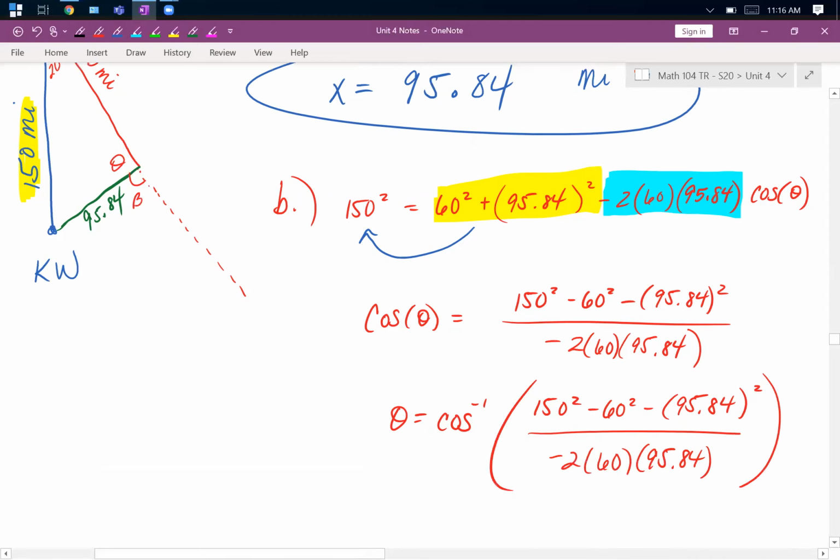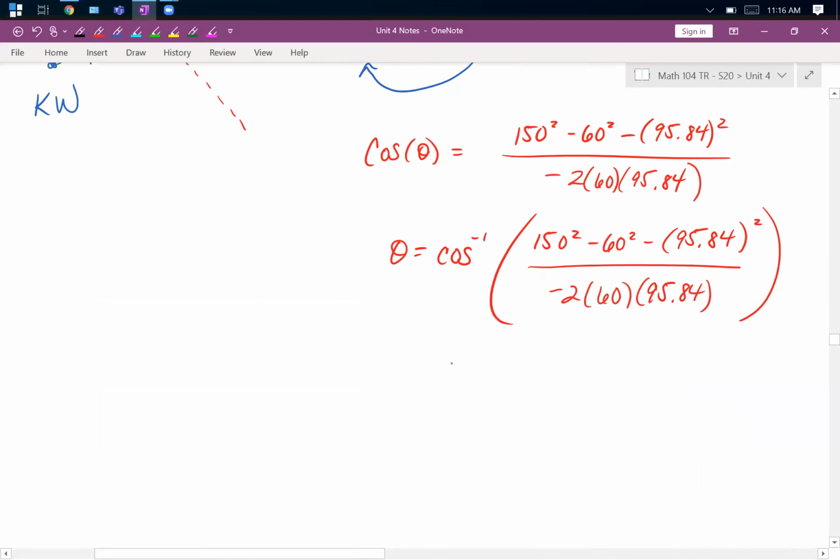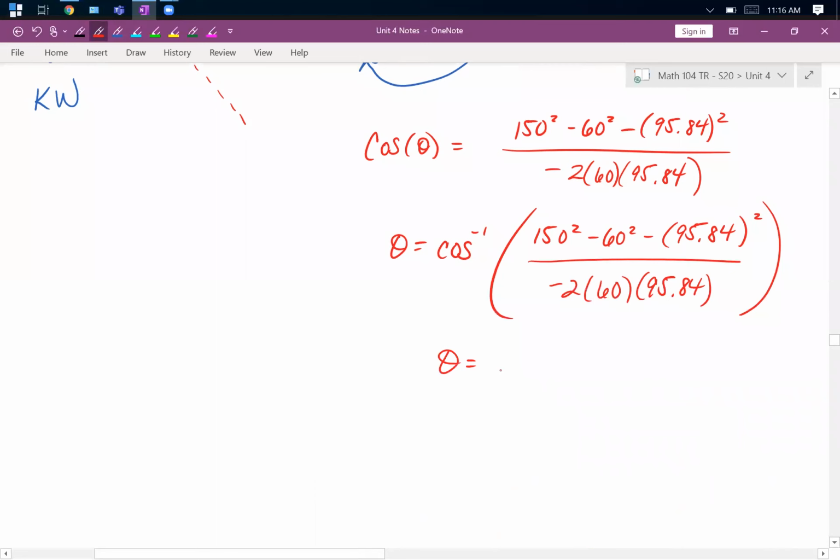So when we plug that in our calculator, round it to the nearest hundredth, well, what do we get? Make sure when you're plugging this into your calculator that you have parentheses around all this stuff in the numerator and parentheses around all the stuff in the denominator.